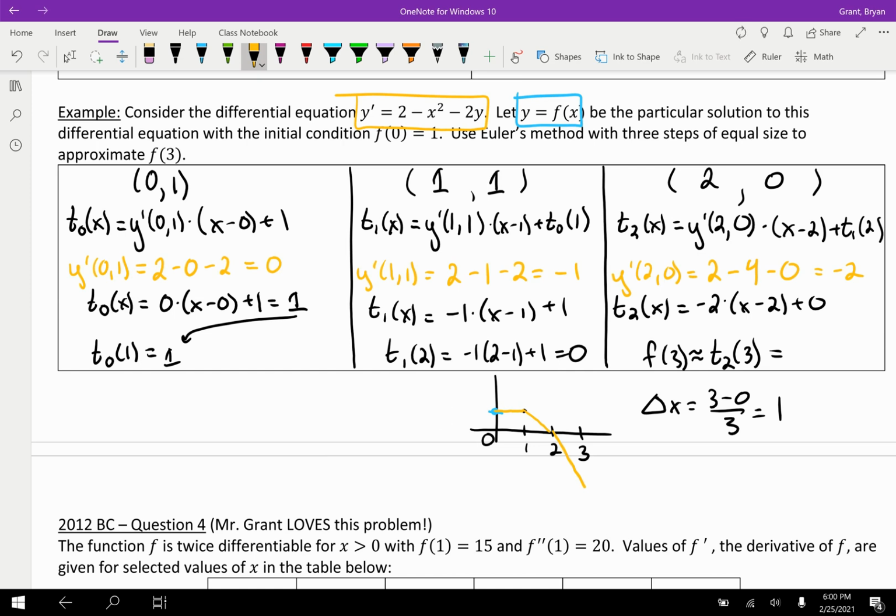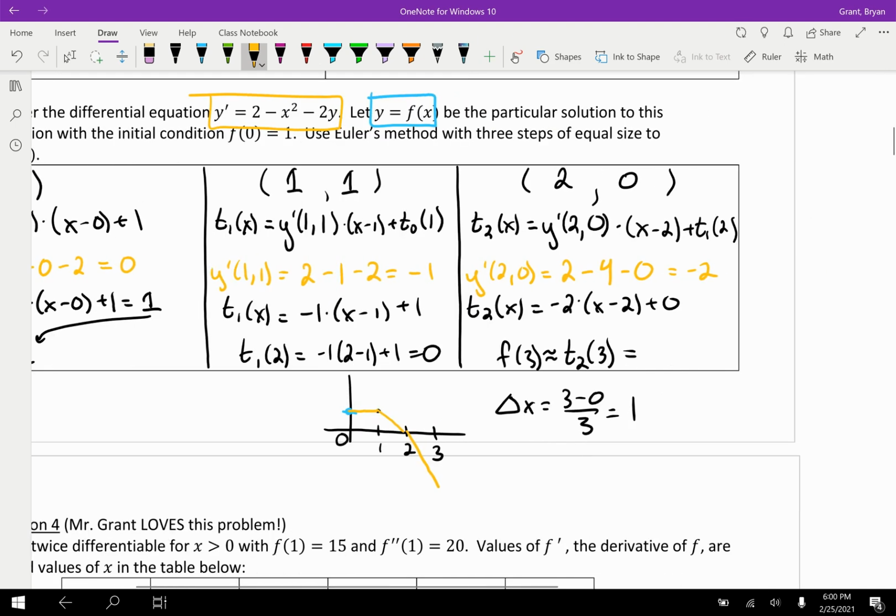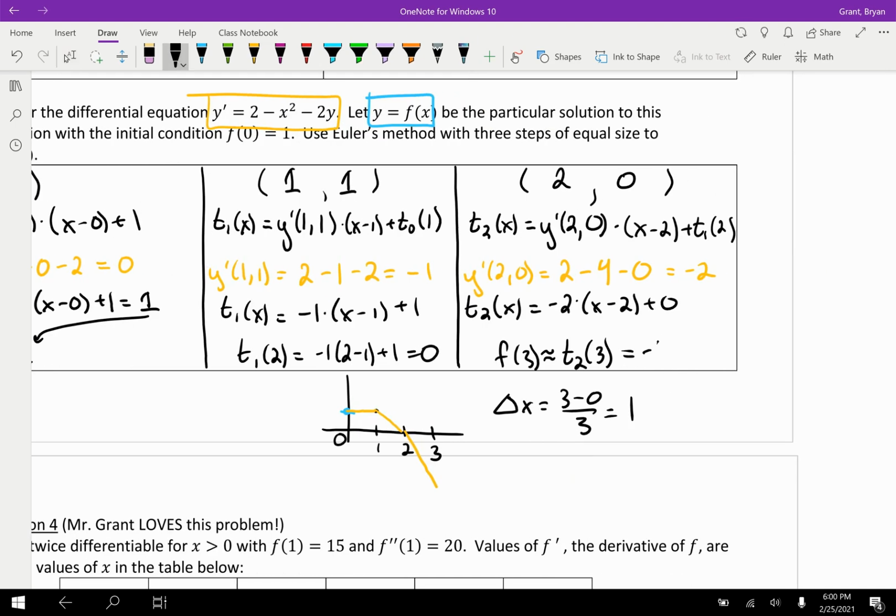All right, are we done? No, because we need to use this last tangent line, which reaches us to 3, to find the approximation for f of 3. F of 3 will be approximated by this tangent line, which means we just need to do negative 2 times 3 minus 2. Negative 2 times 1 is negative 2. And we have our approximation.